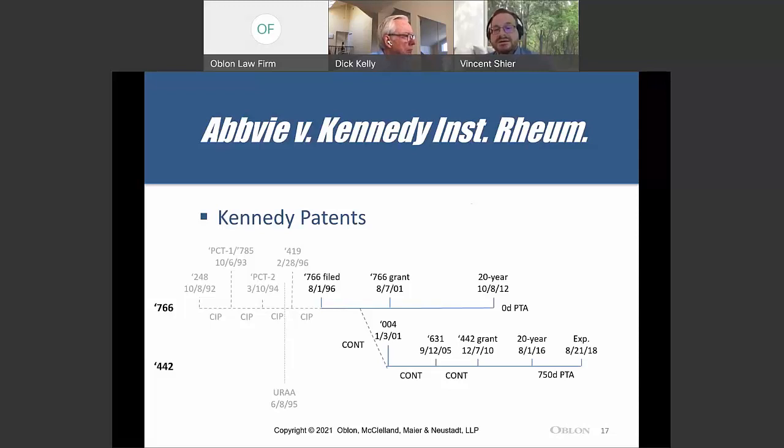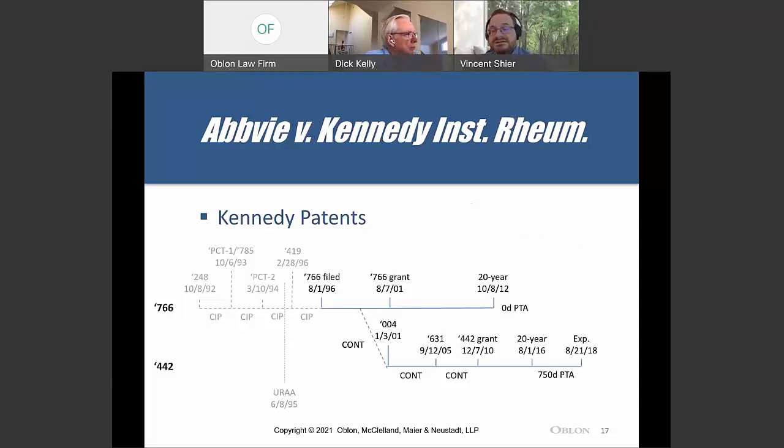The result was that the 766 patent had a patent term that was measured from October 8 of 1992, and so it was set to expire in 2012. Whereas the continuation application, the 442 patent, became measured from 1996. And so it was slated to expire in 2016. They had a 2-year patent term adjustment moving us out to 2018.